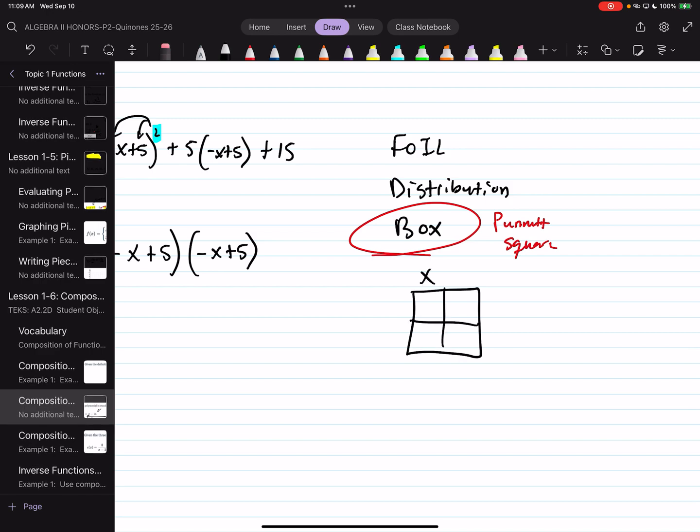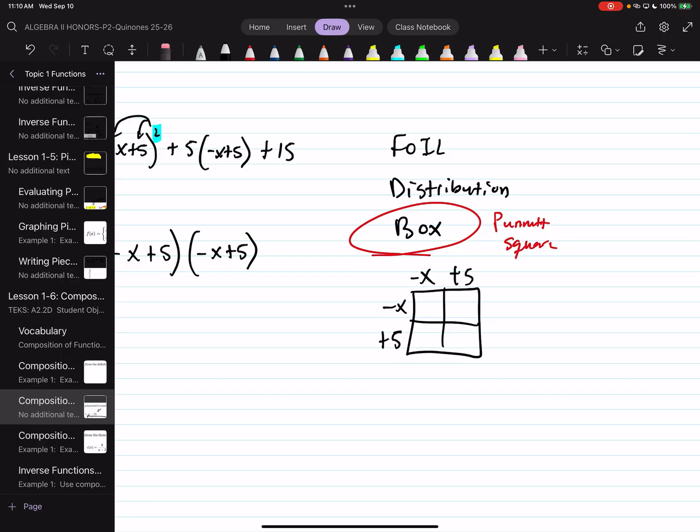I say negative x plus 5 times negative x plus 5. Negative x times negative x gives me what? Well, a negative times a negative is a positive, okay? And then x times x, since it's the same base, what are we going to do with the exponents? We're squaring them, but that means multiplying them.